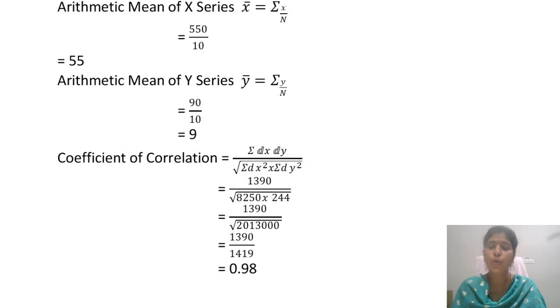Next we find the root of that, and after getting the root we get a value of 1490. So 1390 divided by 1490 is 0.98.